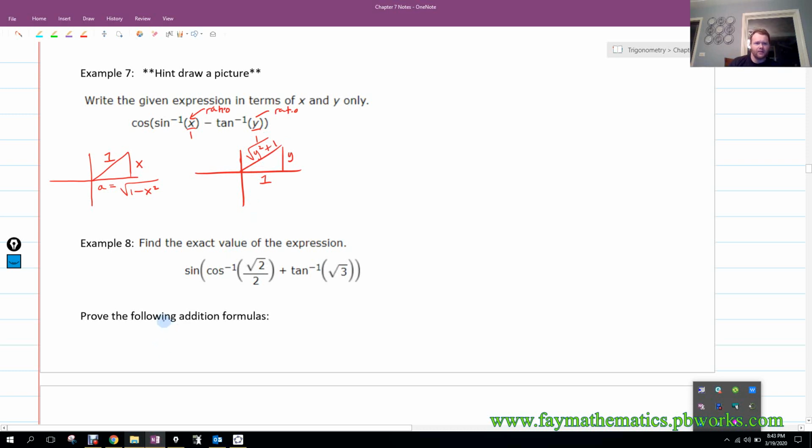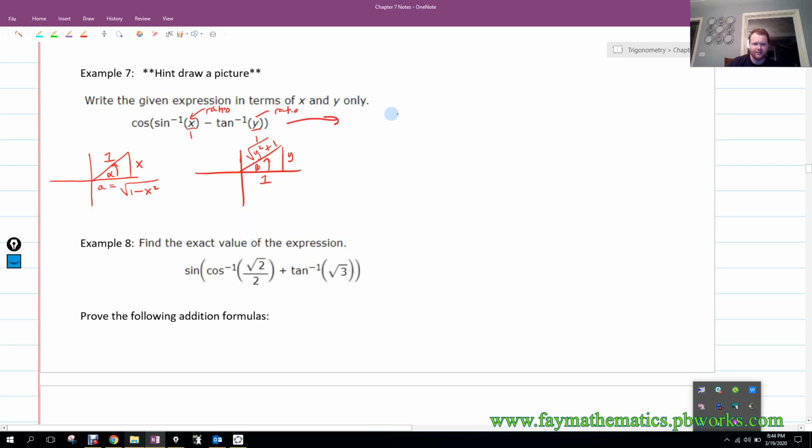Now let's think about what this does. This sine inverse is going to produce this angle here, which I'll call alpha. Tangent inverse is going to produce that one there, which I'll call beta.